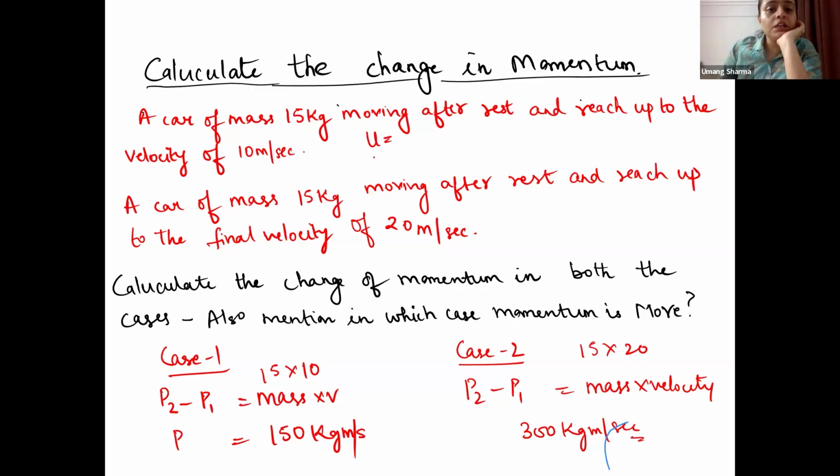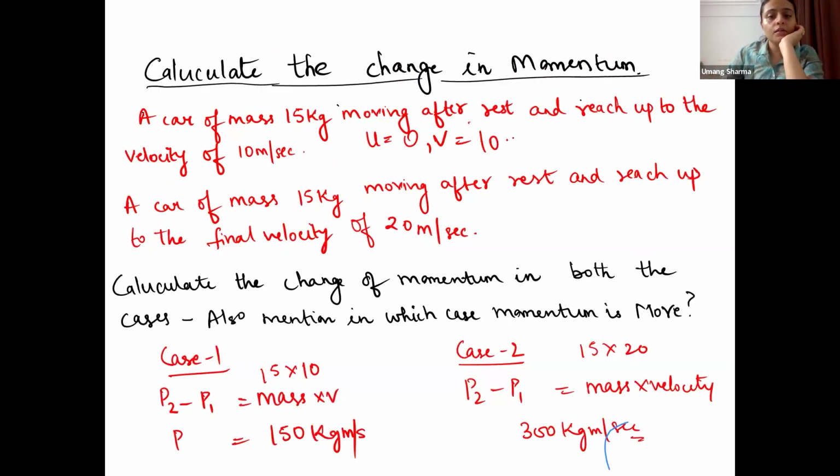What is the U, the initial velocity? How much? 0. And what is the V here? 10.